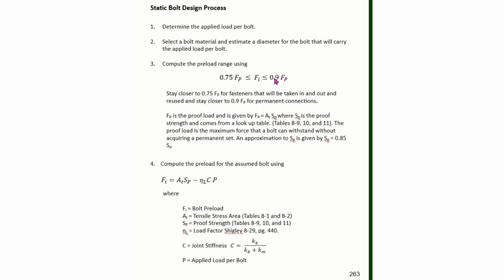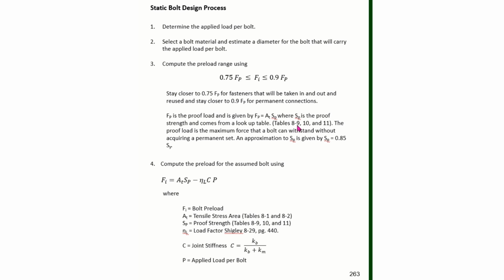Now FP is the proof load, and it's computed by taking the tensile stress area times the proof strength, where the proof strength comes from a lookup table. And this is given in tables 8, 9, 10, and 11.